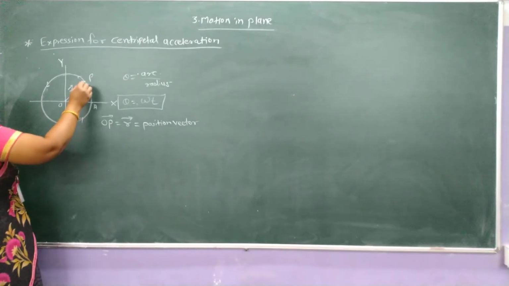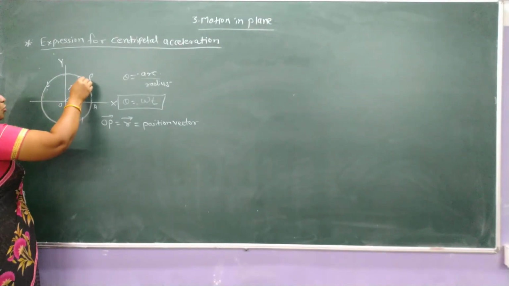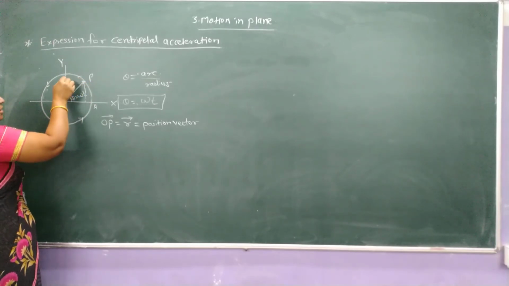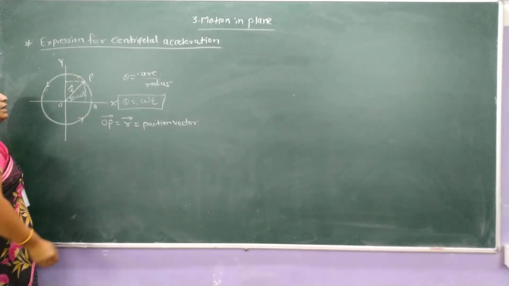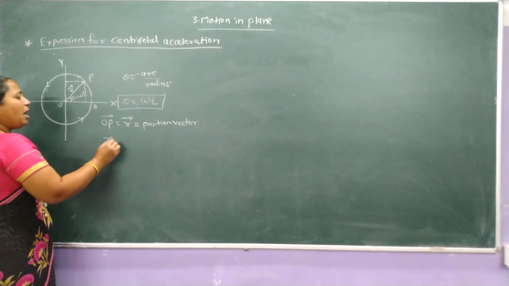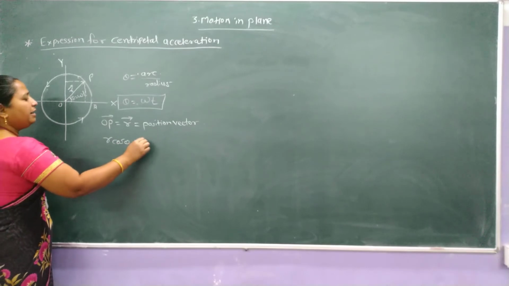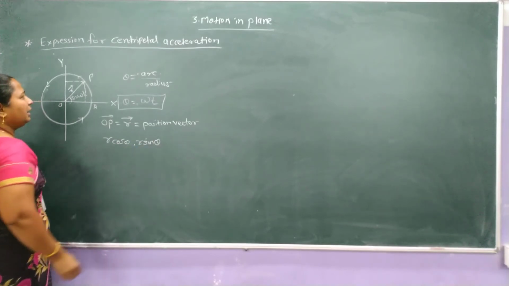Then the r vector results in two components, one horizontal and another vertical: r cos theta and r sin theta.